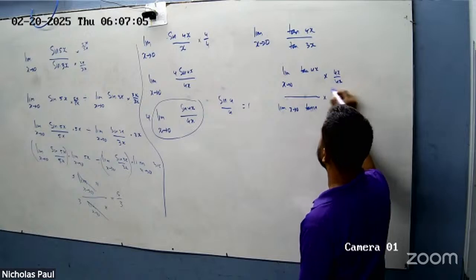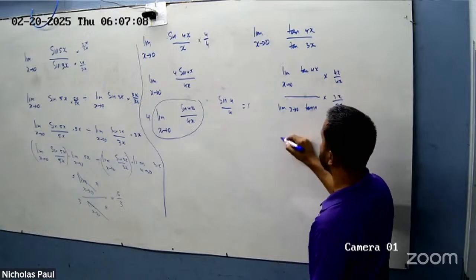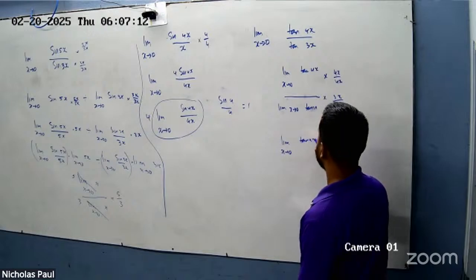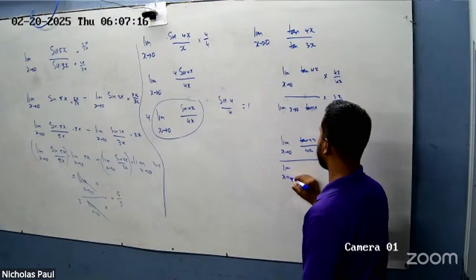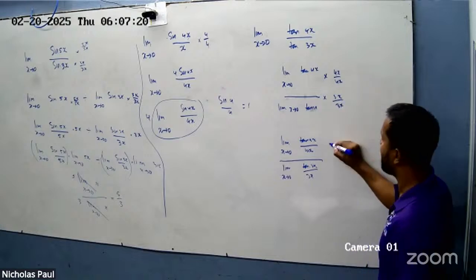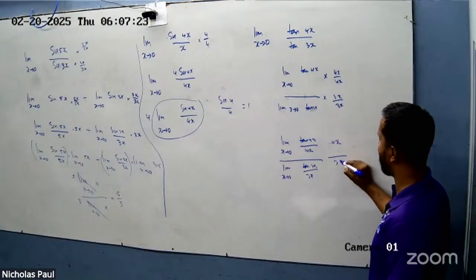What you could do here is bring in the 4x here, bring in the 3x here, all over the limit as x approaches 0 of tan 3x on 3x. You have a 4x on the outside here divided by the 3x.